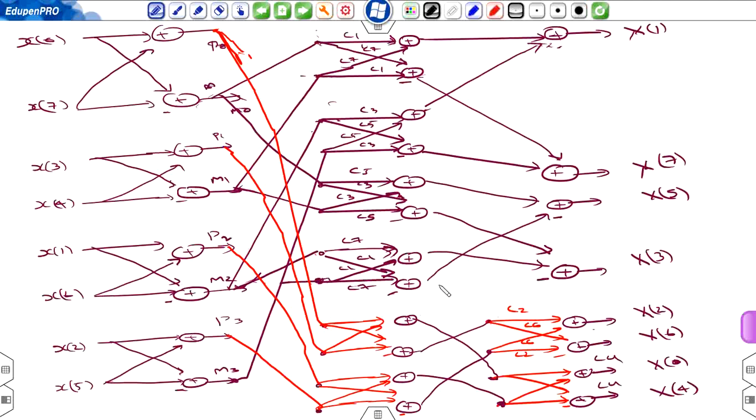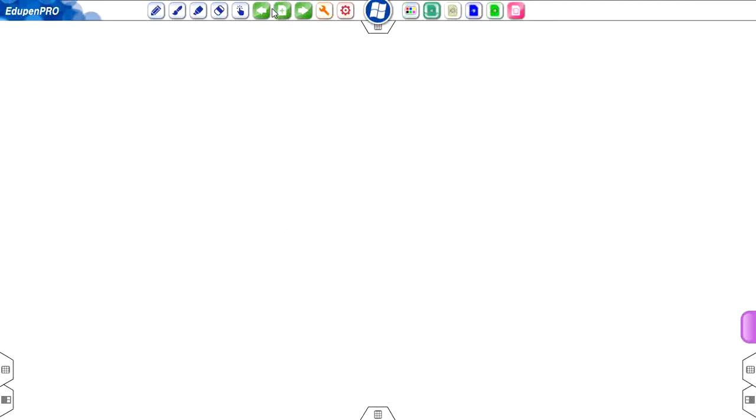So total number of multiplications can be easily calculated from this structure. So total number of multiplications are this multiplication by the coefficient C4, this is 1, 2, 3, 4, 5, 6, 7, 8, 9, 10, 11, 12, 13, 14, 15, 16, 17, 18, 19, 20, 21, 22. Okay, total multiplications in this structure is 22.